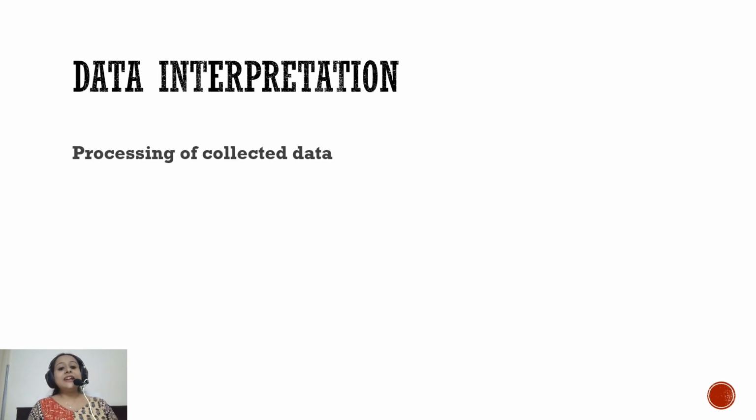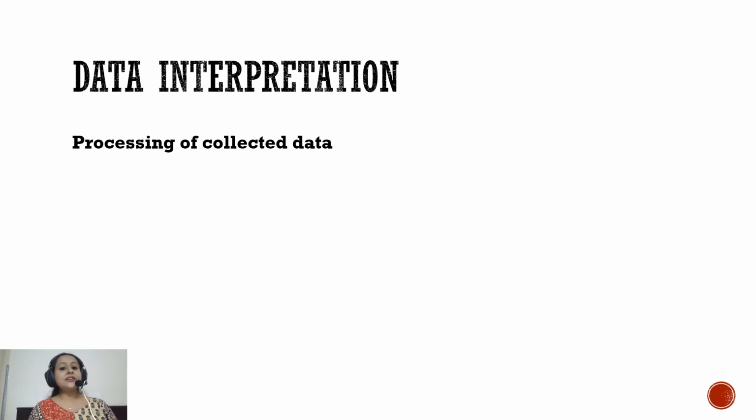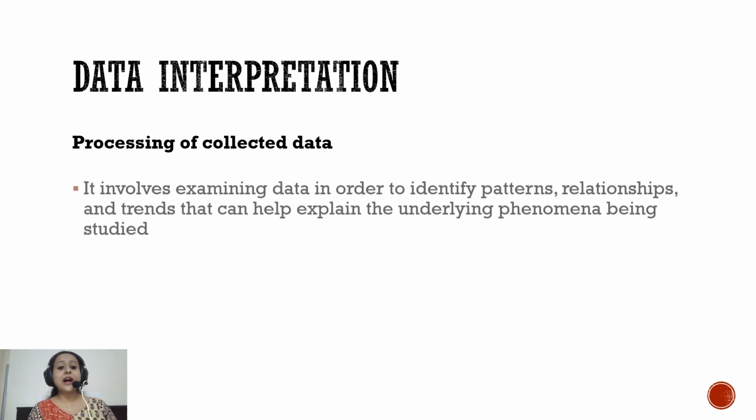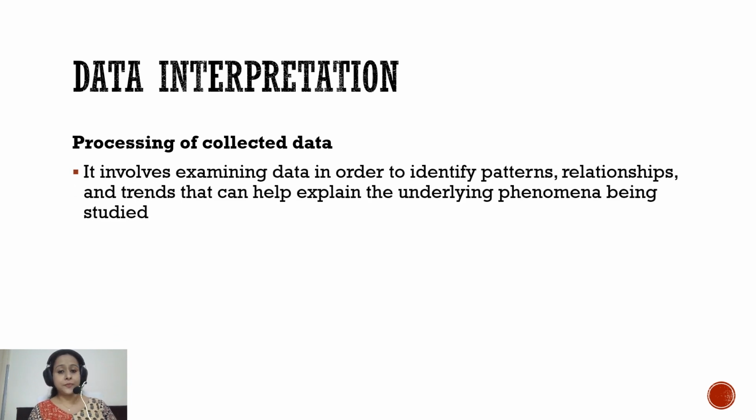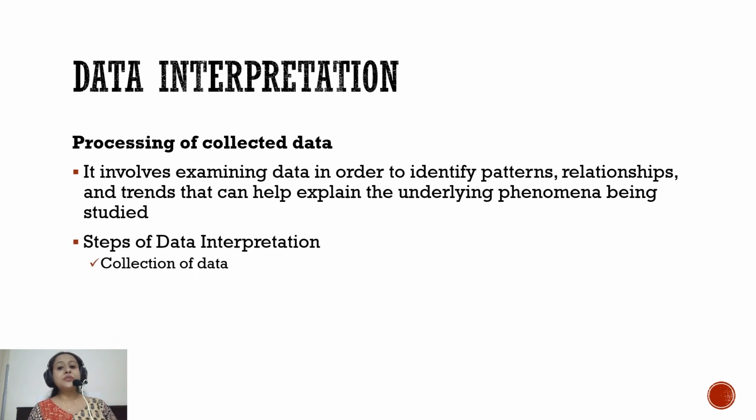So coming to data interpretation, there is a particular process of data interpretation, right? There are several steps involved. So what are the steps? First, you have to collect data. You can collect it directly from the subject, or you can collect it from other sources.